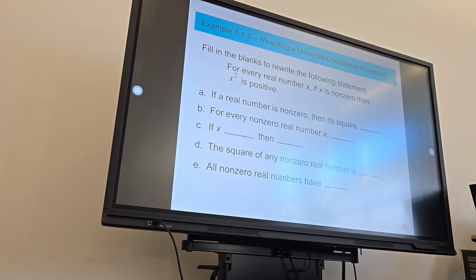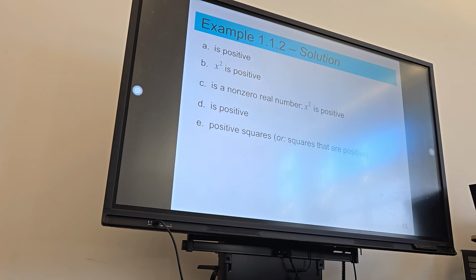For every non-zero real number x, x squared is positive. If x is not zero, then x squared is positive. But just different ways of saying the same thing.